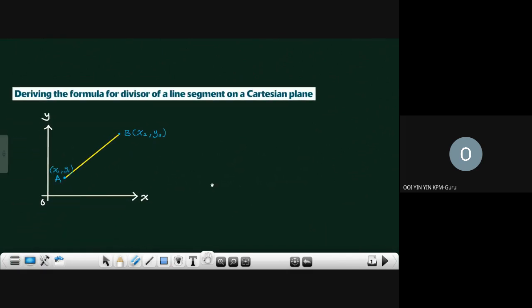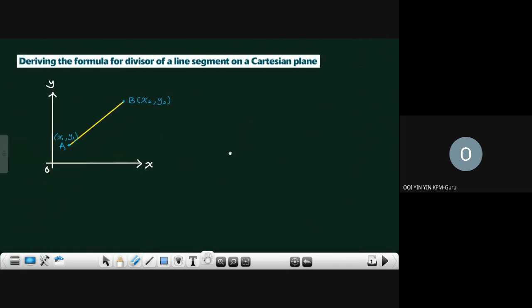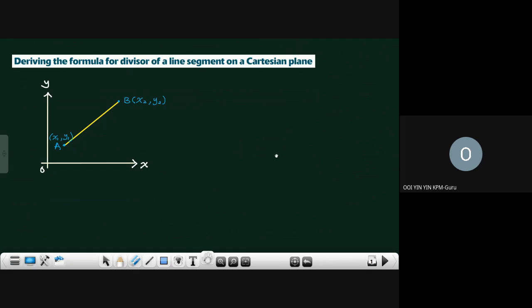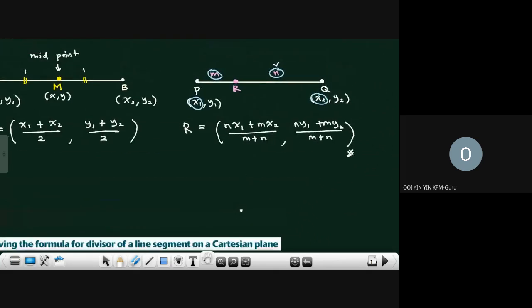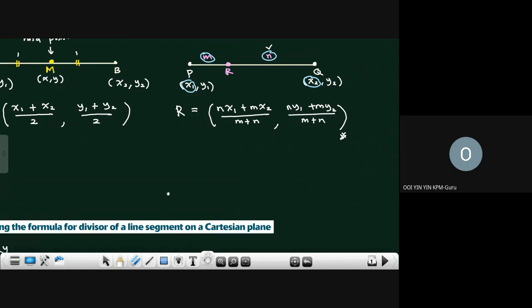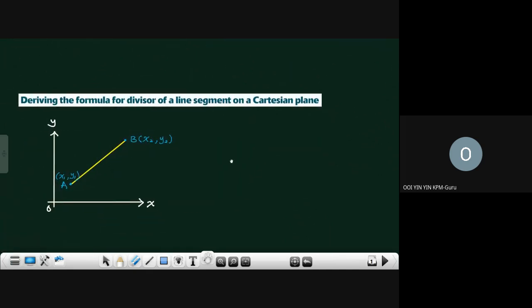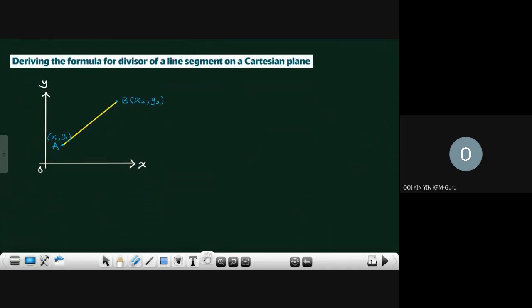Now this part, I think most of you hate this part, deriving the formula. Just now I showed you how to use it, right? But now is the part on deriving where this formula comes from. Yeah, you have to learn, because deriving is also part of the questions that will come up in the exam.